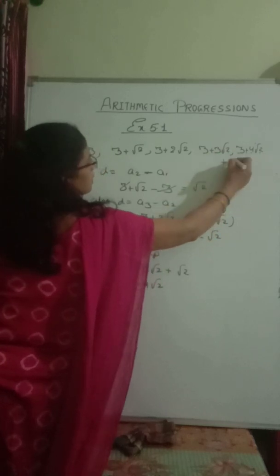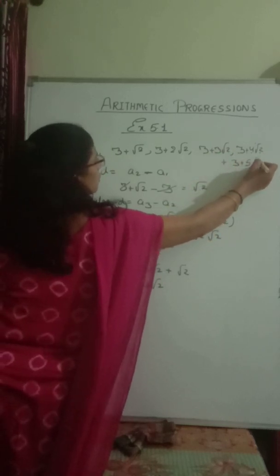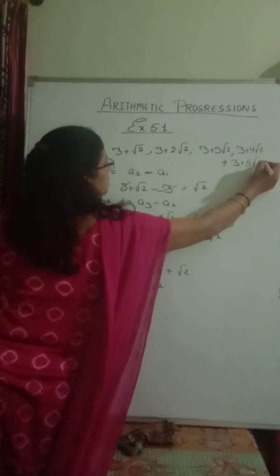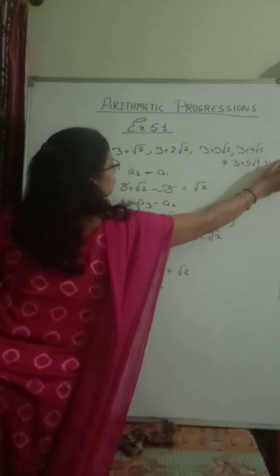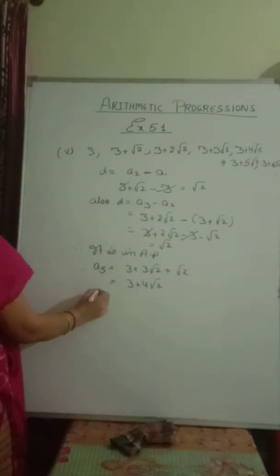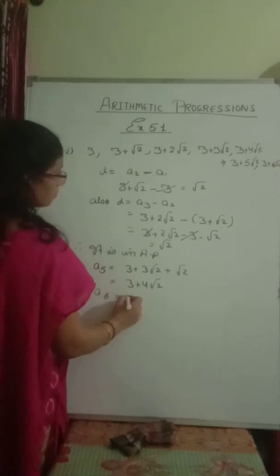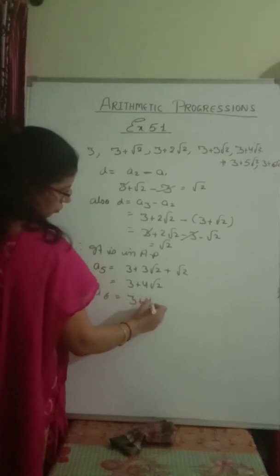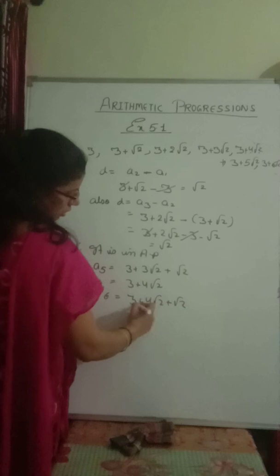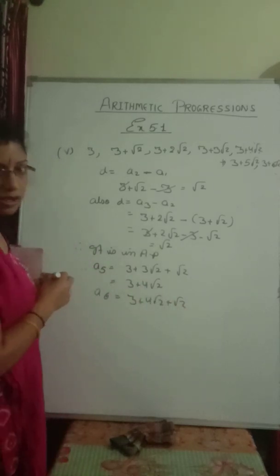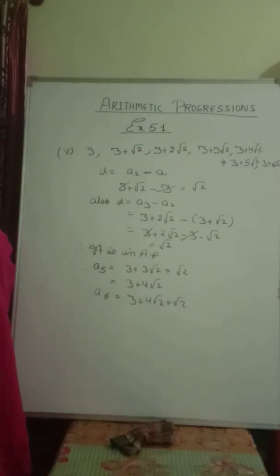The next term is 3 plus 5 root 2, the next term 3 plus 6 root 2. Like this it will go. The next terms are 3 plus 7 root 2, and so on. So like this we will get.